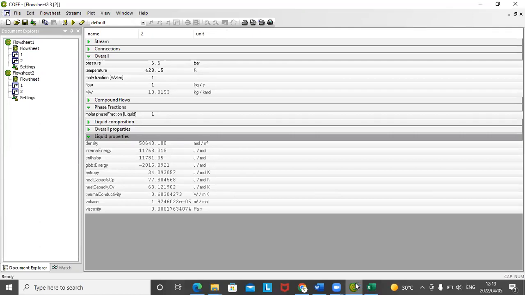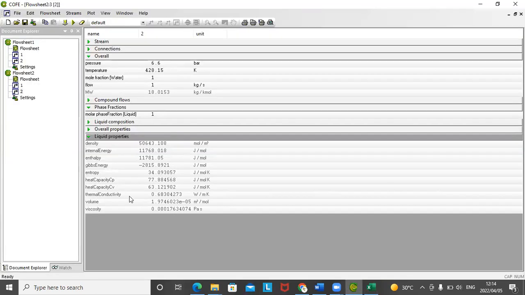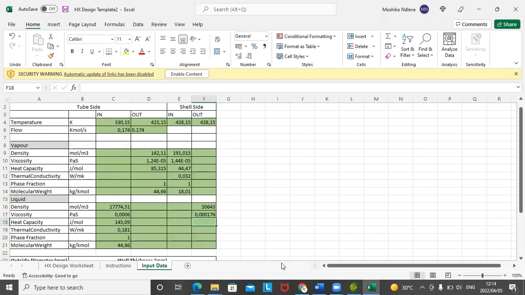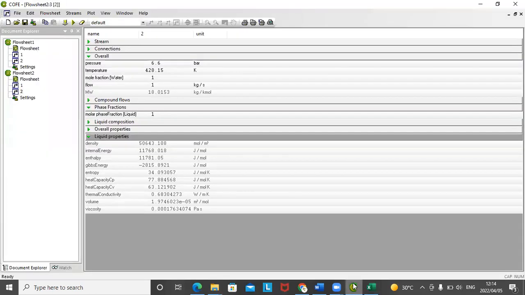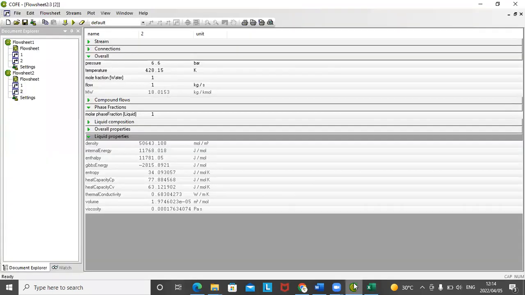Then our viscosity is 0.00017, not 0.00016. Our heat capacity is 77.88. Our thermal conductivity is 0.683. Phase fraction 1. Molecular weight, again obviously 18.01.